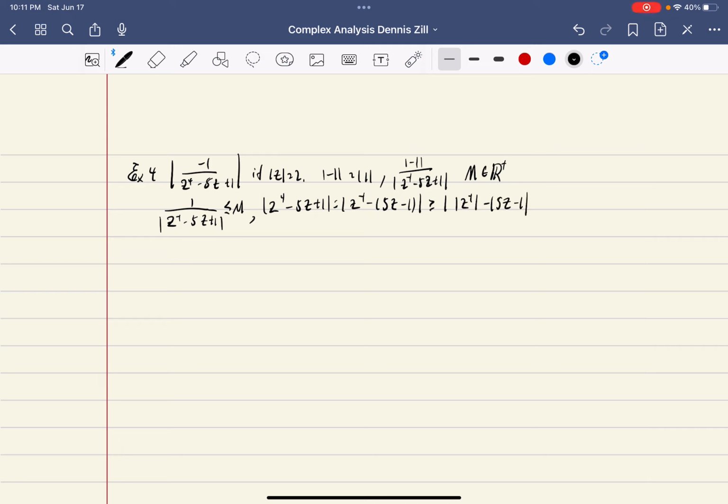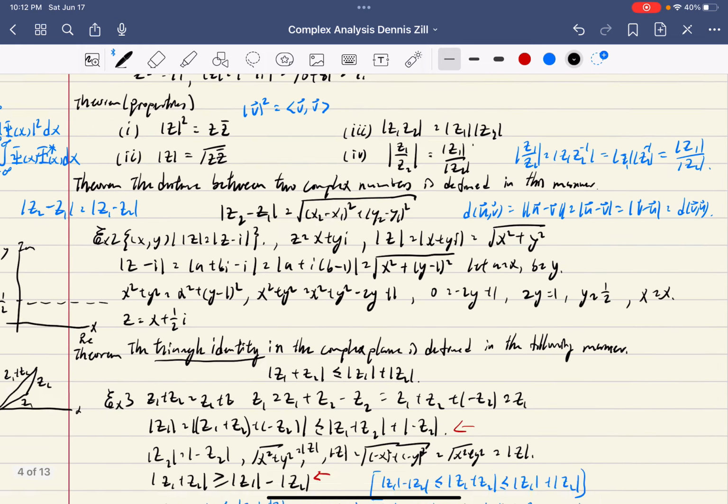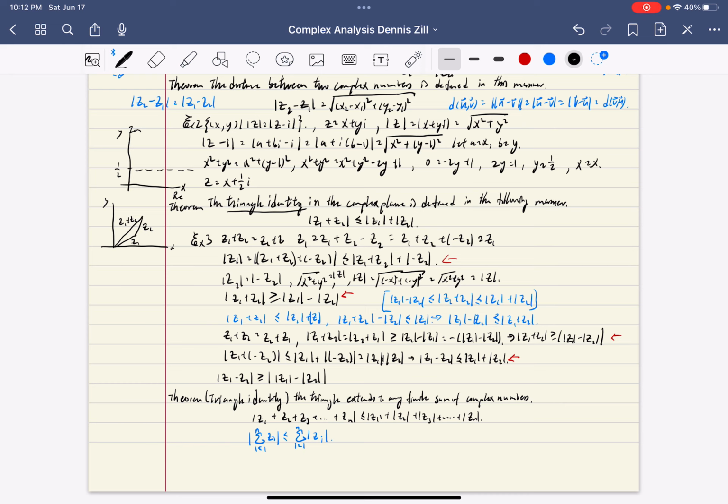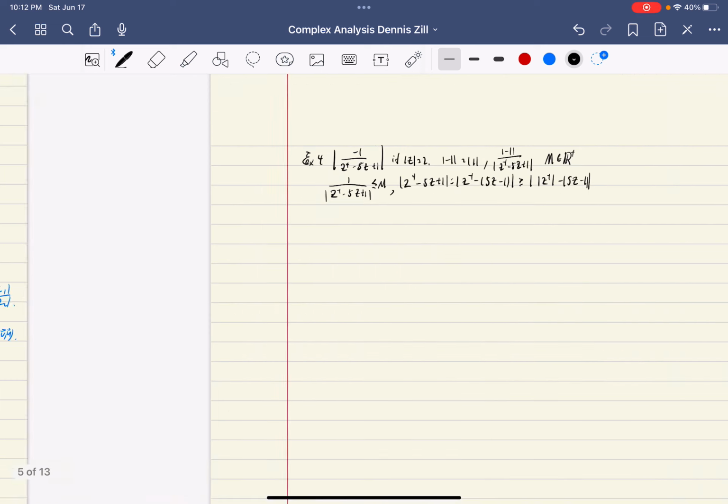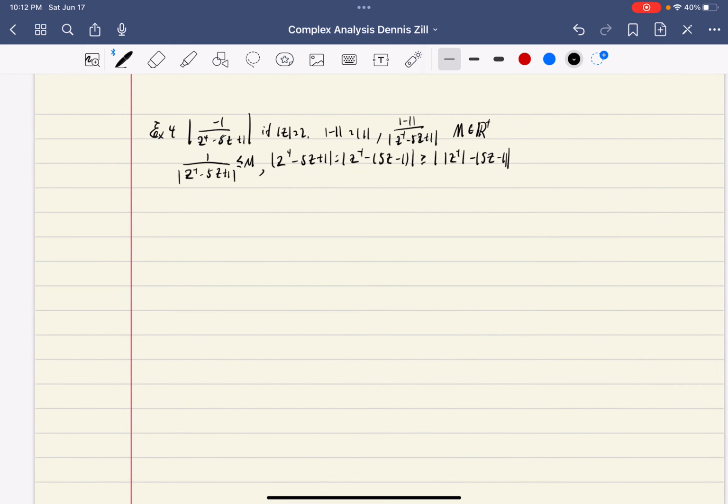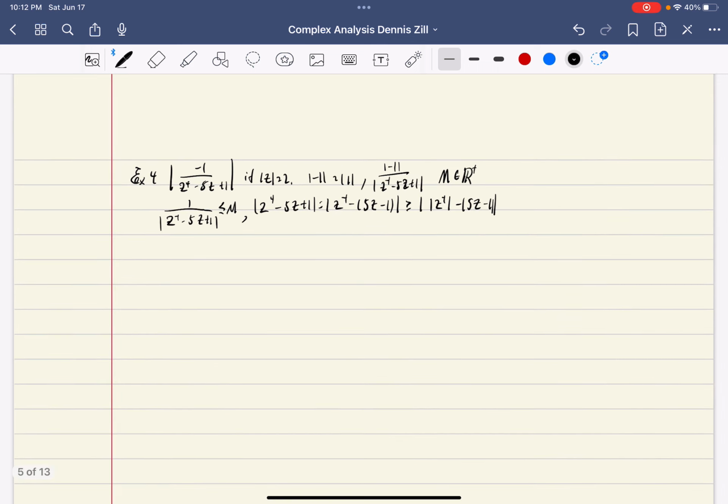Or just recall this formula over here. Right. We have the sum outside of zi is less than or equal to, if we put the absolute value in there.